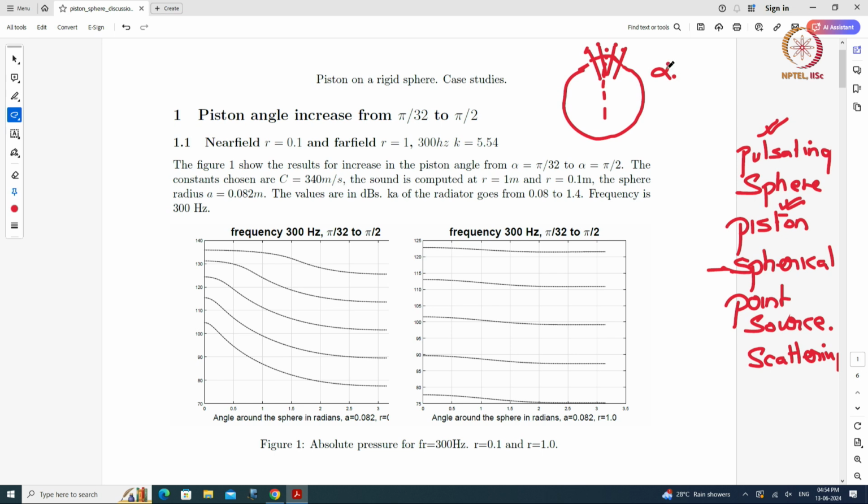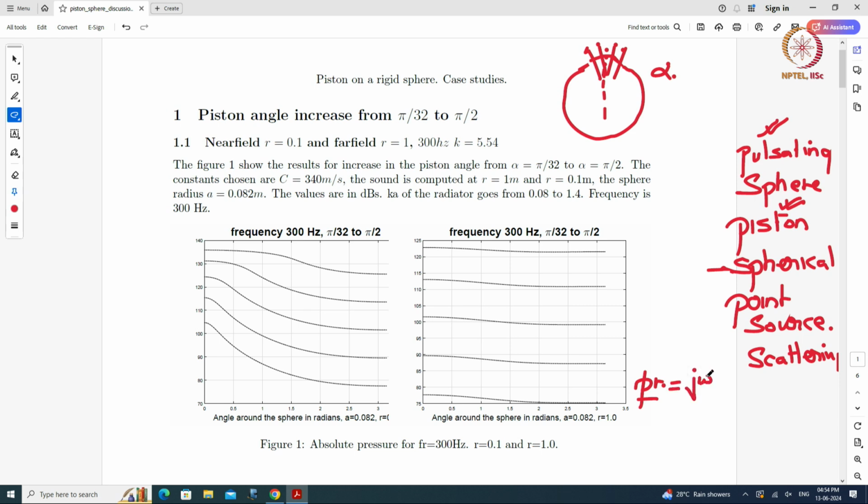Now before I begin, let me just tell you that the pressure expression for a typical source will have the following features.